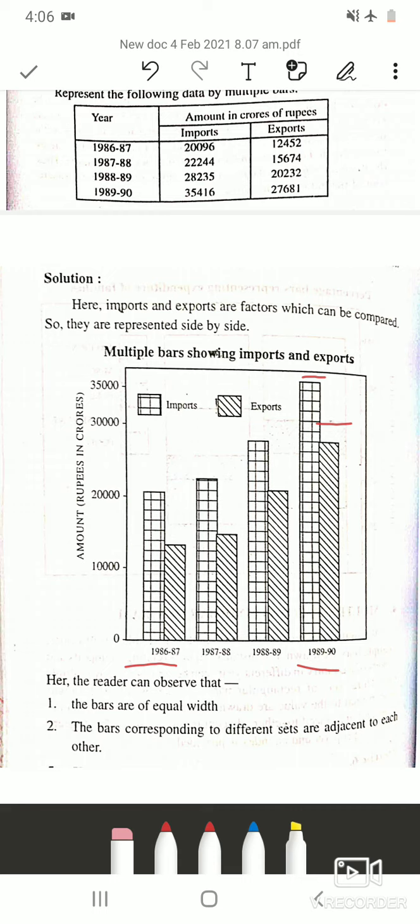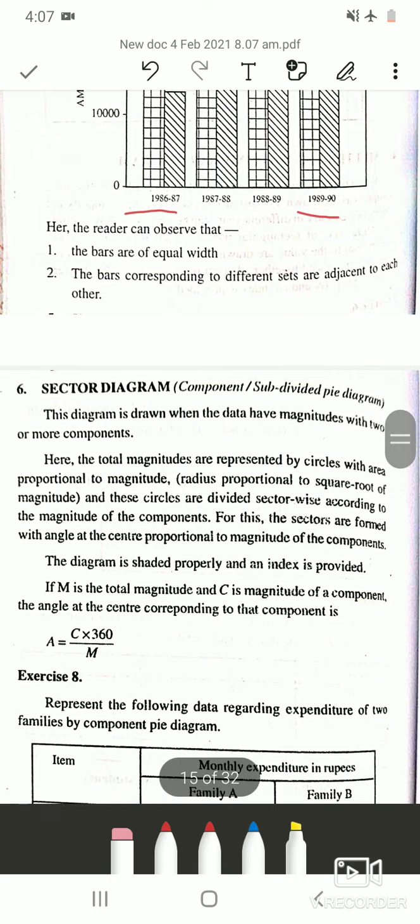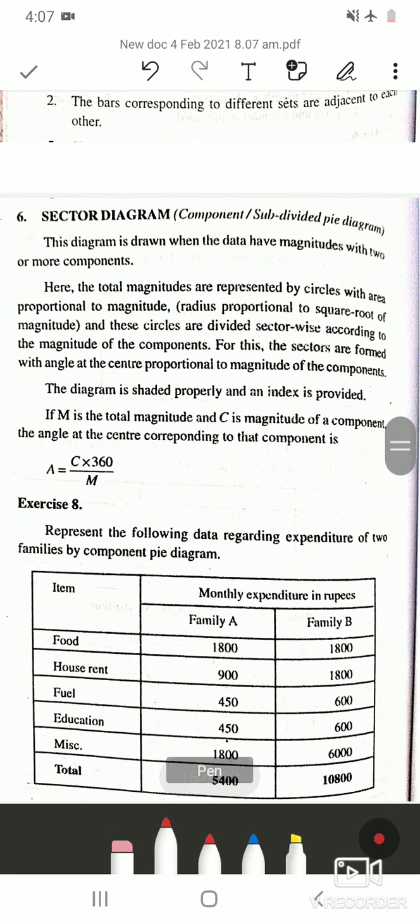So we can observe that the bars are of equal width and the bars corresponding to different sets are adjacent to each other. So the last set of diagram is the sector diagram, or component or subdivided pie diagram, or pie chart. This diagram is drawn whenever the data have magnitudes with 2 or more components.